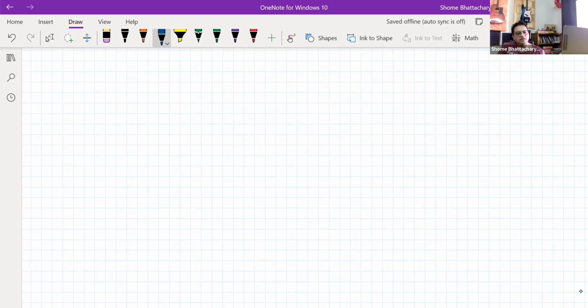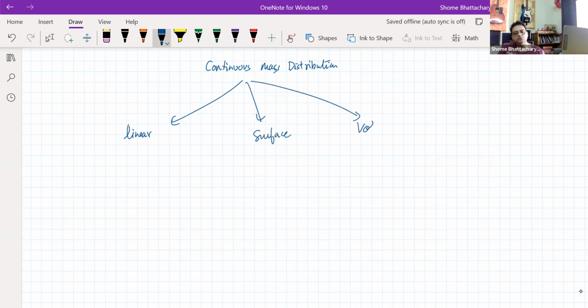So now basically, our continuous mass distribution can be of various different types. It can be what is called a linear distribution, a surface distribution, or a volume distribution of mass. An example of a linear distribution of mass would be a thin rod or a thin wire bent into any shape.